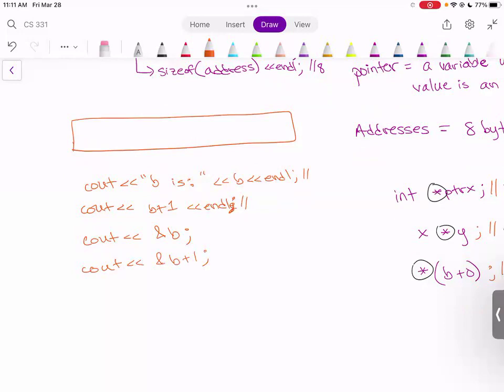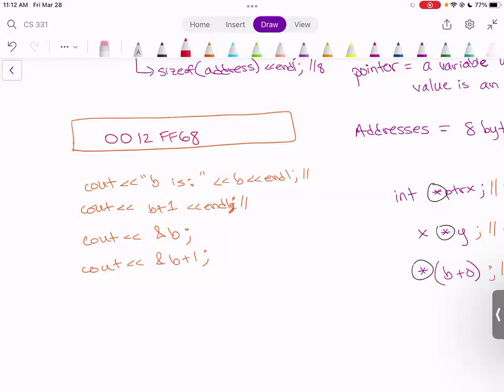Okay, good. Now, he has to give you an address, so I'll give you the one that he gave us in our book. He gave us 0012FF68. Great. Okay. So what is b going to be?